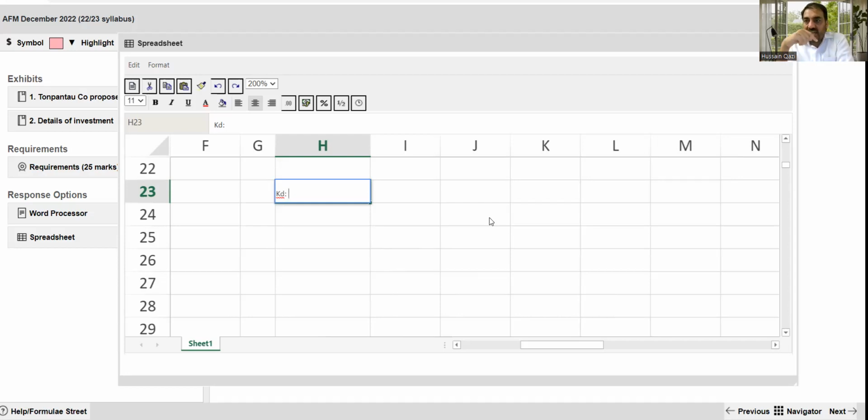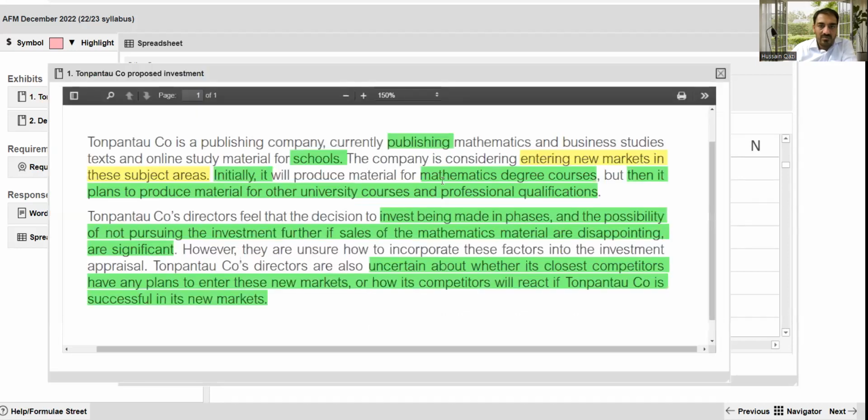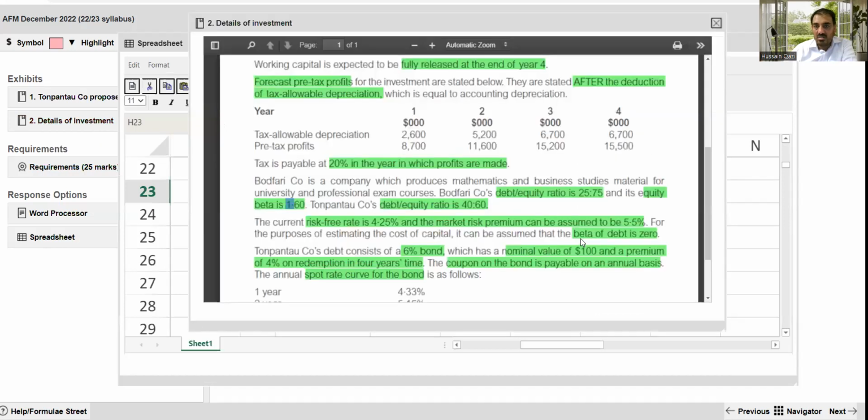Number one, there are different methodologies to calculate the cost of debts. One of the methods is called the valuation model, and one is called the CAPM model. But here with the question, we will not use the CAPM model.